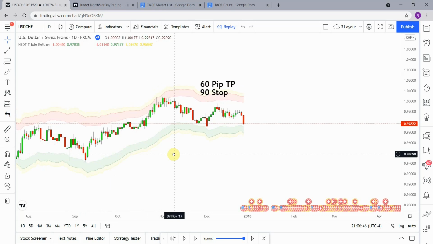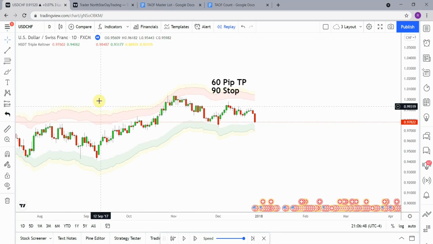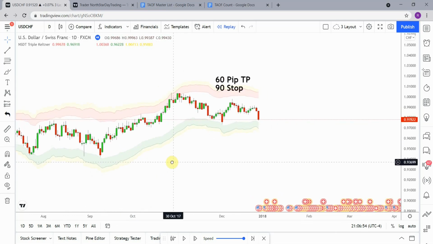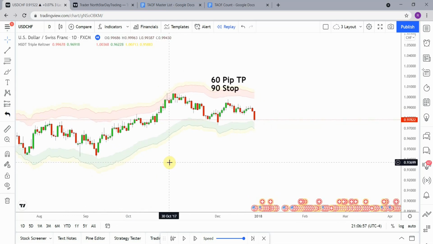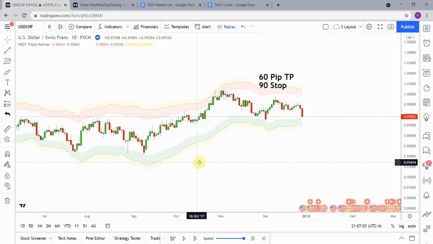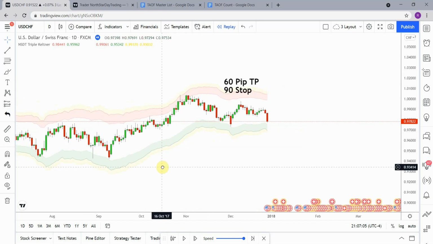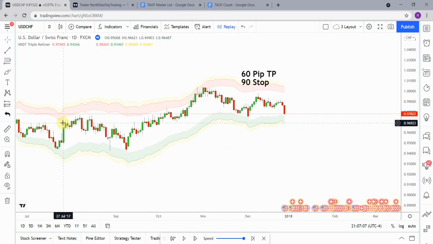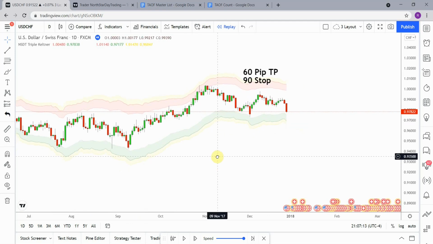There is a slight difference as well, and it's these outer bands right here, this yellowish looking outer area. Those are the extreme zones, and they are put in place to look for breakouts. If we get price action that closes into the yellow area, then we are going to take that as a breakout in that direction.